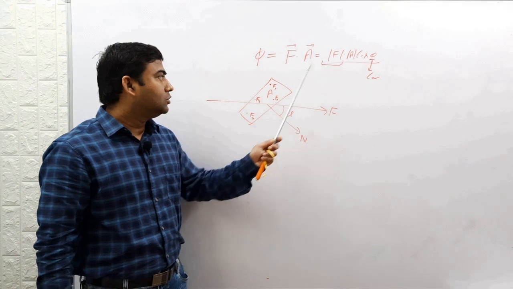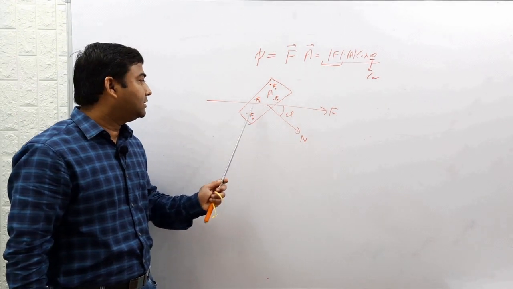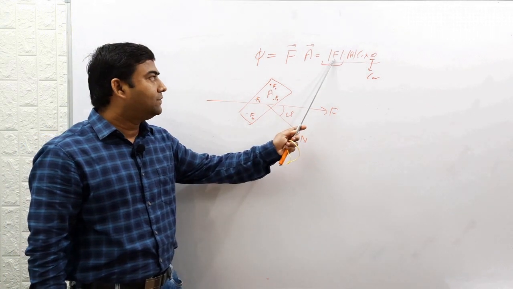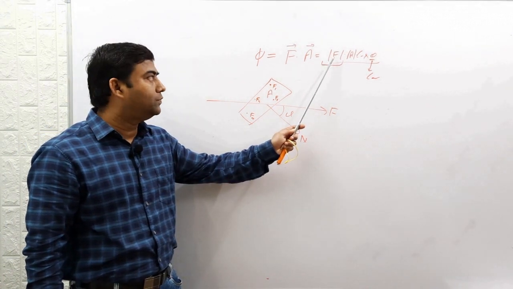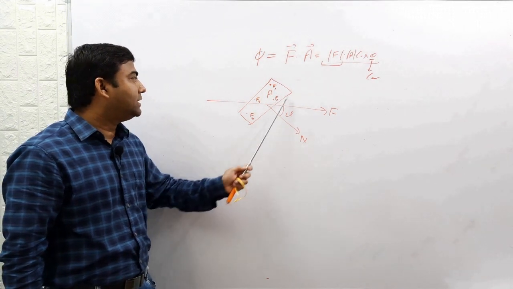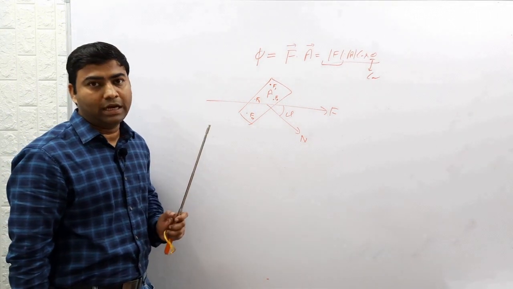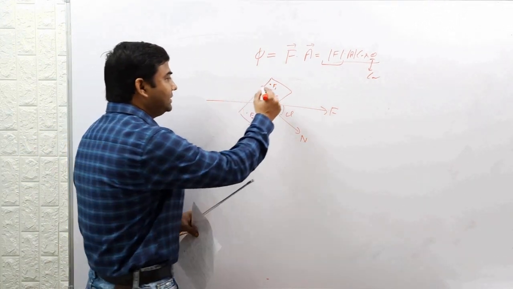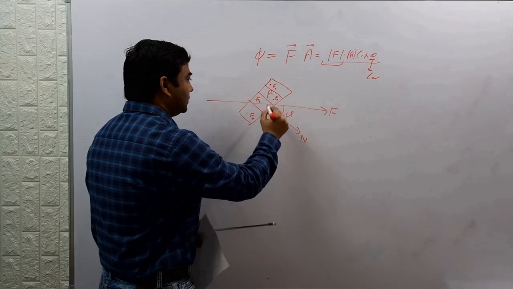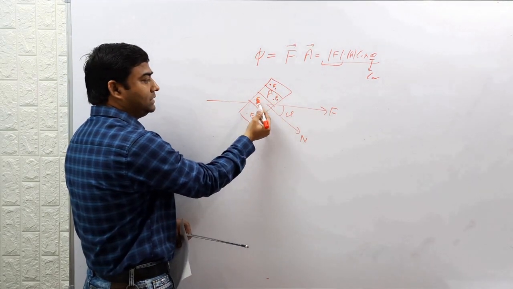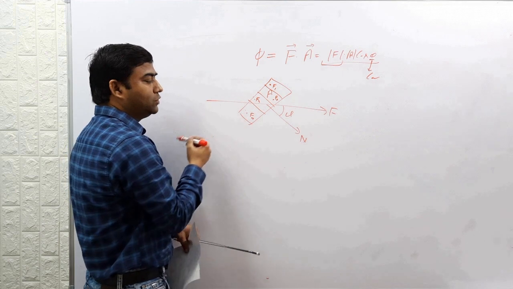Here F is different at different points throughout the area. So you cannot put a single magnitude of field throughout the area to calculate flux throughout the area. You have to divide the area. In this region F1 is the field, in this region F2 is the field, in this region F3 is the field, in this region F4 is the field.